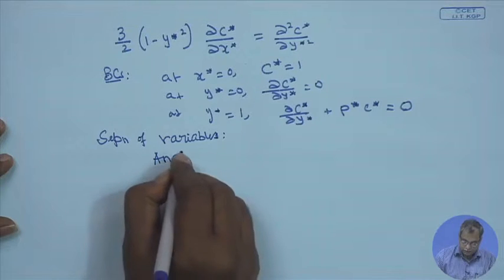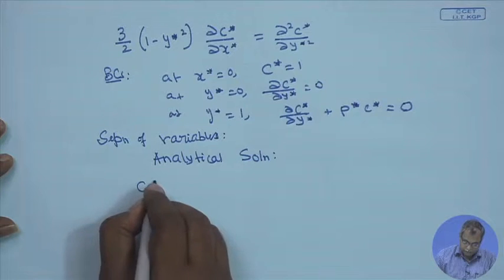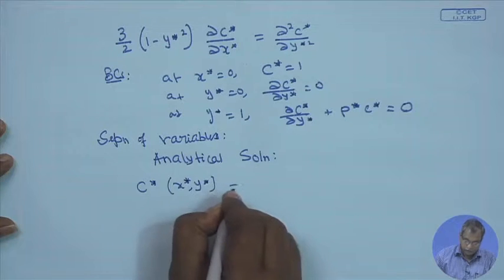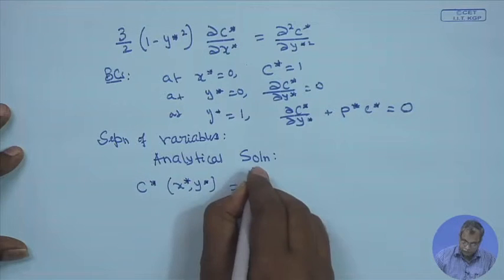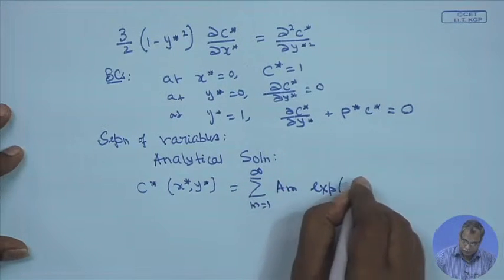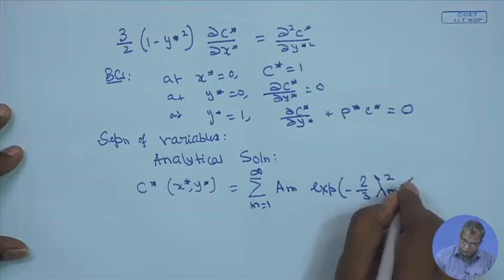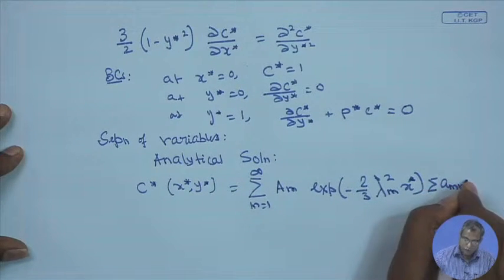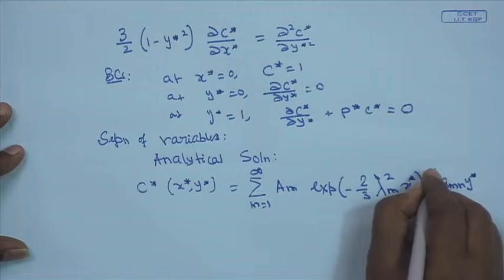The analytical solution will be in the form of c star as a function of x star and y star, represented as a summation series, m equal to 1 to infinity, A m exponential minus 2/3 lambda m square x star, and a summation of a m n y star to the power n, where n runs from 0 to infinity.